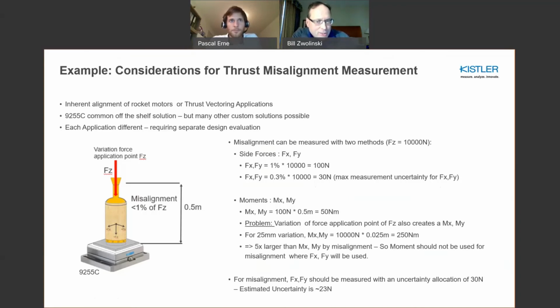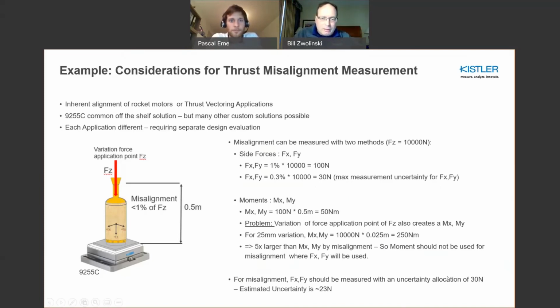And that variation in itself could cause moment factors which are far above the required moment to measure with say a half a meter type of moment arm. So we reckon anyway that doing a side force measurement is probably the more practical approach than measuring the moments at this point for this simple example.